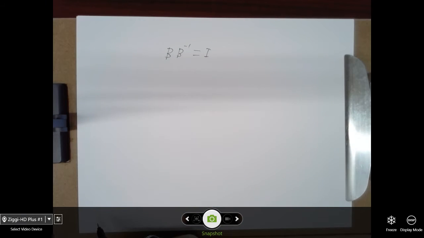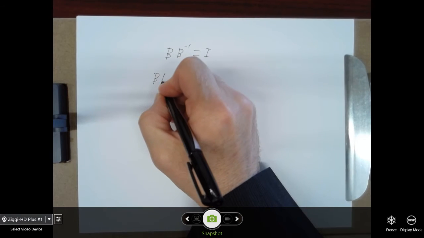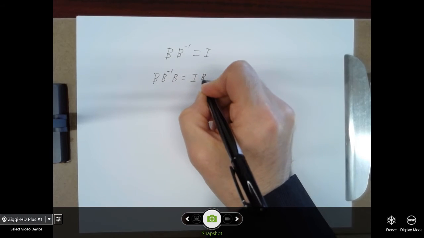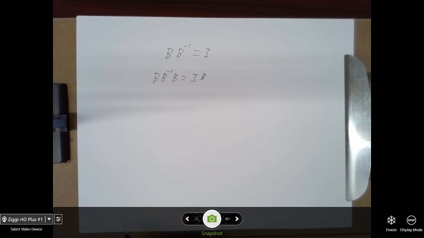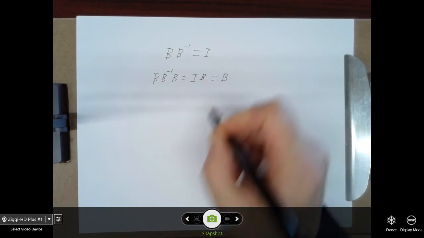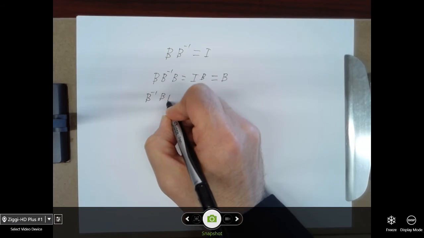So how do we know we can switch around B and B inverse? B times B inverse is equal to the identity. I can multiply on the right both sides by B. And I can multiply the identity times B is equal to B. And now I can multiply on the left by B inverse.